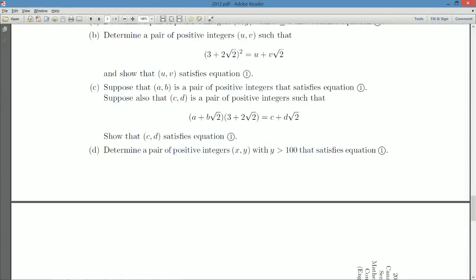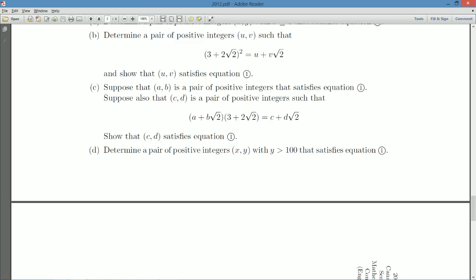Okay. C. Suppose that a, b is a pair of positive integers that satisfies equation 1. Suppose that c, d is a pair of positive integers such that it satisfies this expression. So a plus b root 2 times 3 plus 2 root 2 equals c plus d root 2. Show that c, d satisfies equation 1. Okay.